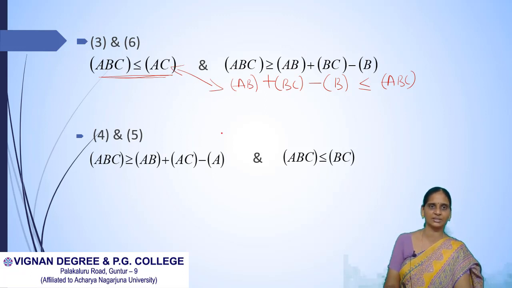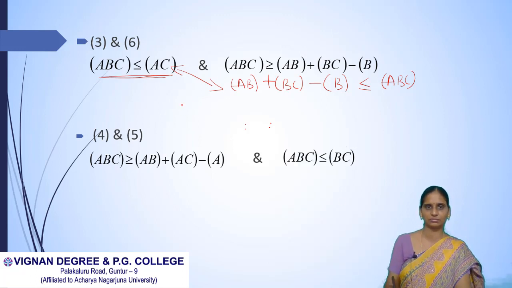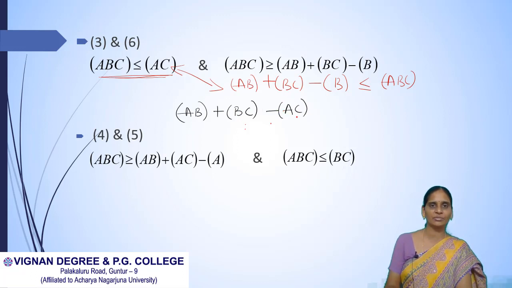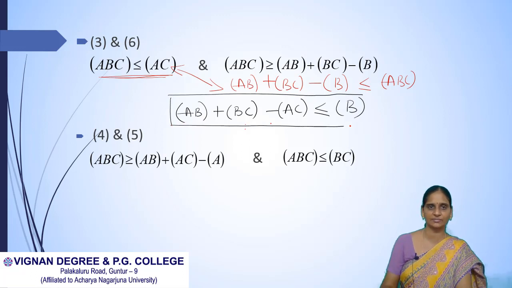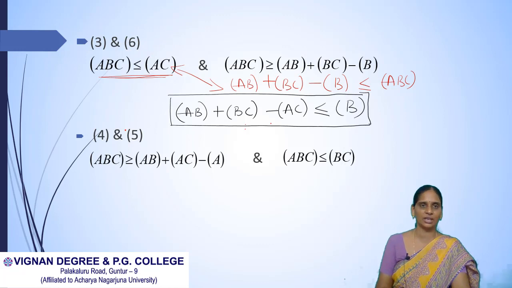We get another consistency condition, that is frequency of AB plus frequency of BC minus frequency of AC is less than or equal to frequency of B. So this relation is based on the third and sixth consistency conditions for three attributes.